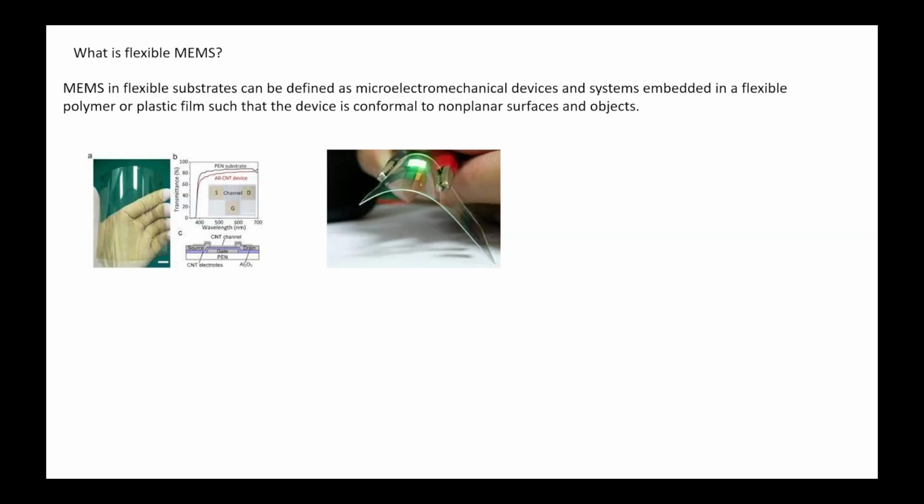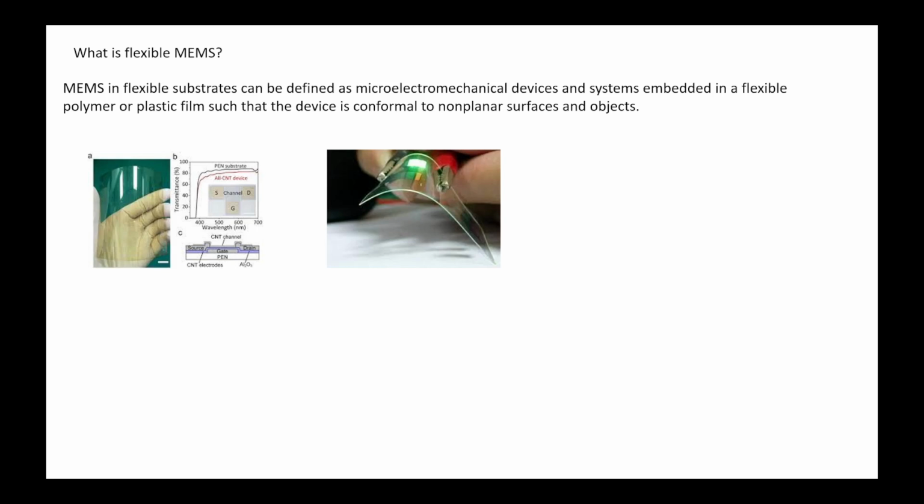It will remain in the original form, and the properties of the devices remain the same after bending. Our aim is to develop a device on a flexible substrate which gives the same response or same property after bending, folding, or anything.